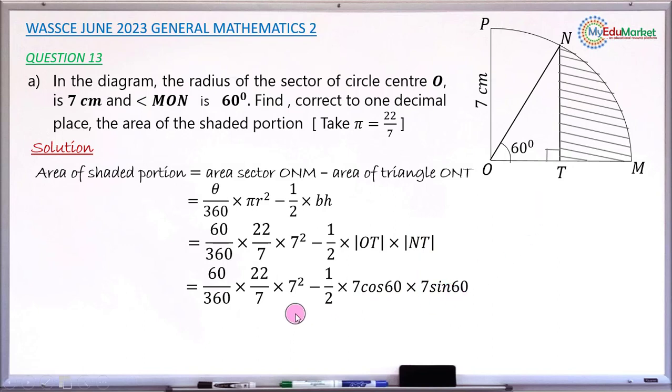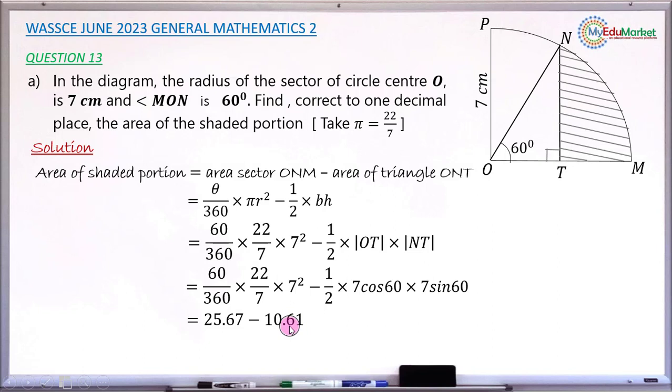So what I'm going to do is find the result of 60 divided by 360 multiplied by 22/7 multiplied by 7 squared. Also use the calculator to find cos 60 multiplied by 7, find sin 60 multiplied by 7, then multiply the three numbers here. This part gives 25.67, while this part gives 10.61.